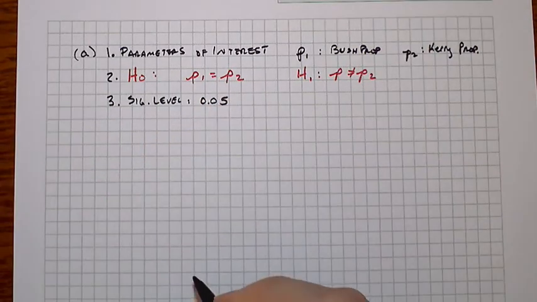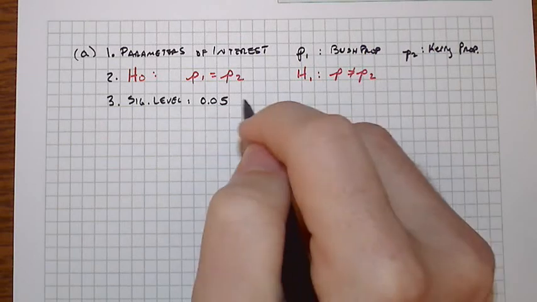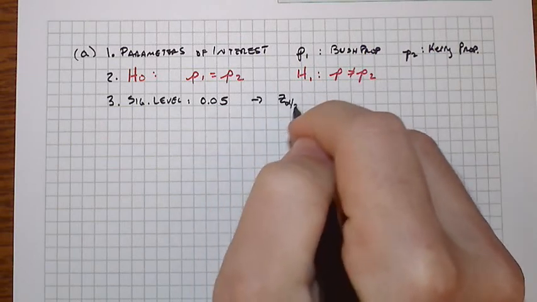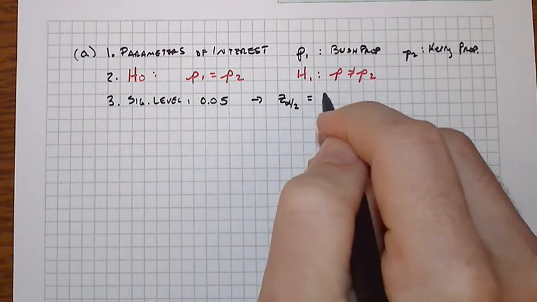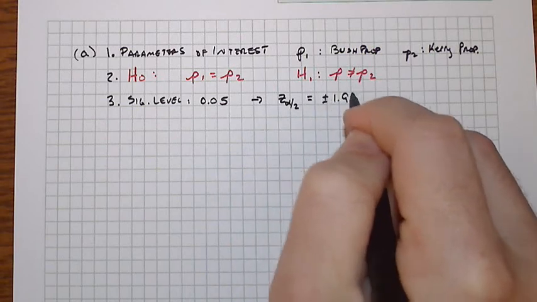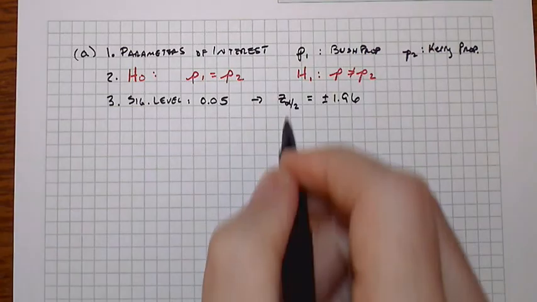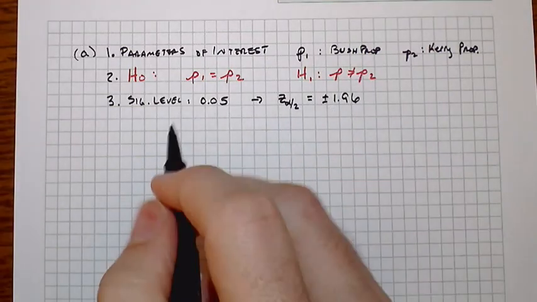Right, and so that means right away we know the Z alpha over 2 is going to be equal to plus or minus 1.96. I use that a lot, so we know that number is right there.